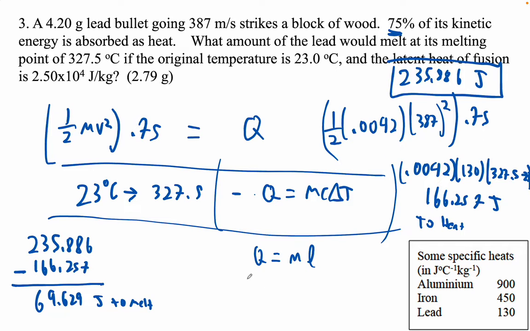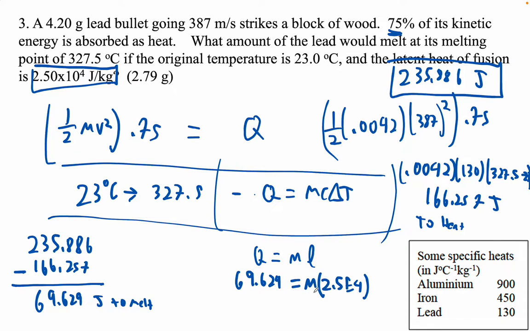So let's set that up. 69.629 equals some mass that's going to be melted. It may not melt all the lead, but maybe it will. I don't know. And then this is our latent heat of fusion, 2.5E4.